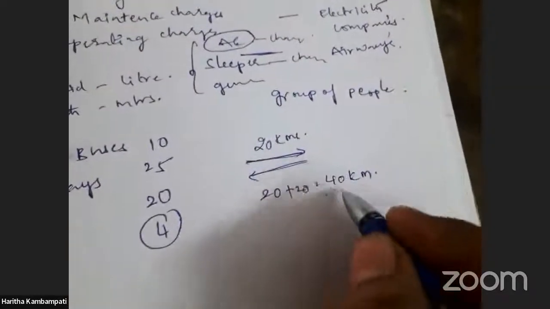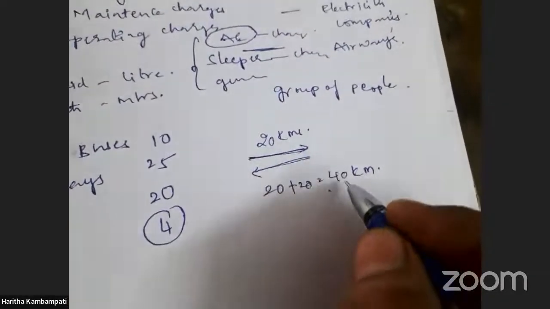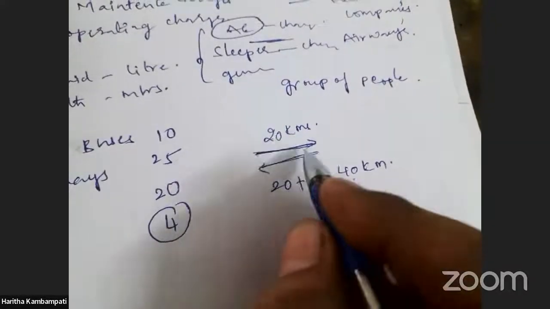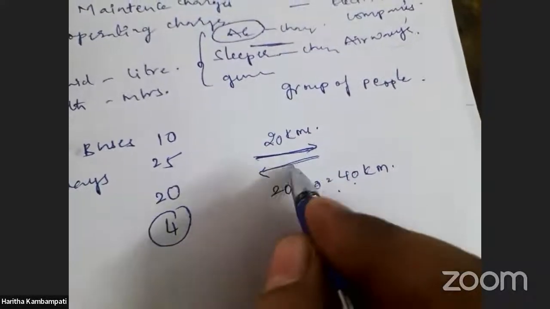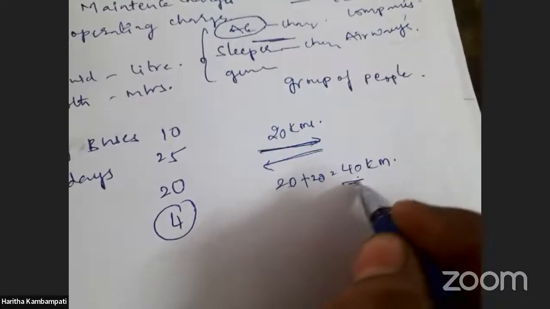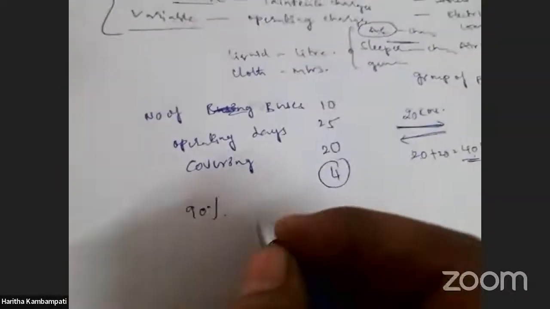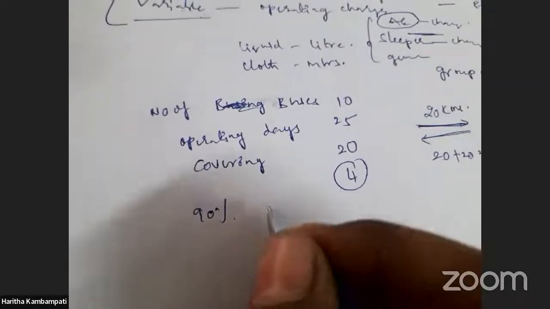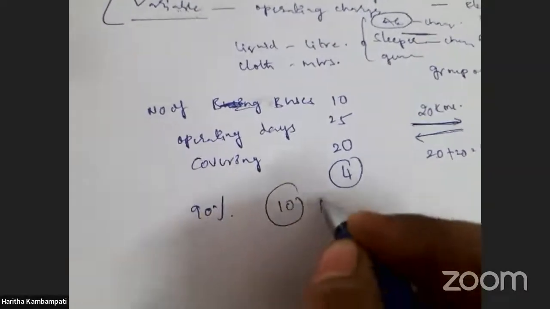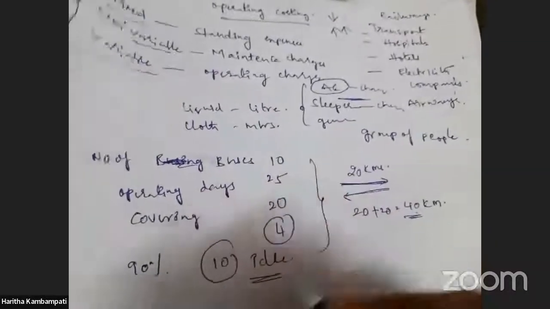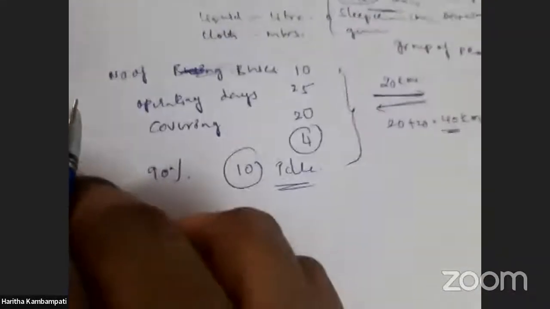For each round trip, it is 40 kilometers because for one way, 20 kilometers. And only 90% of the capacity is traveling, meaning 10% is idle. So based upon that, how are we going to calculate passenger kilometer?